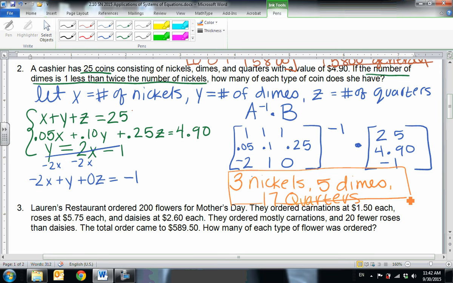Okay, I want you to solve number 3 on your own. Okay, define your variables, write your system, and you can solve it either way. You can use A inverse B, or you can use reduced row echelon form. It's totally up to you, but show your setup so you can get points for how you solve it. Okay?